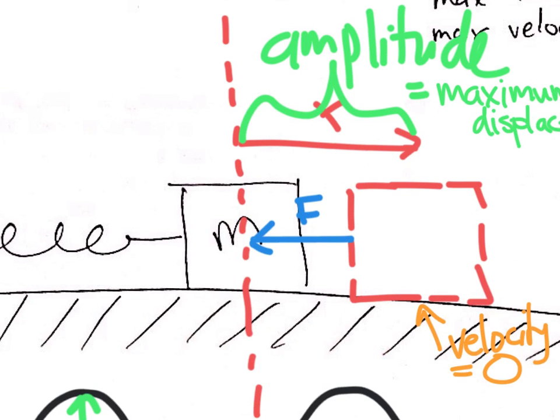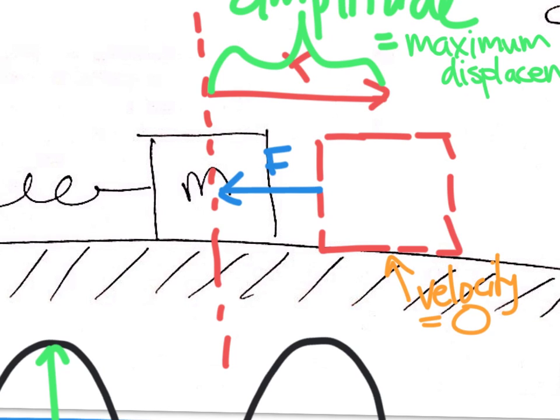We can also say that the acceleration is at a maximum. So when the mass is as far away as it can get from equilibrium, that's when the force is the greatest. And if the force is the greatest, F equals ma, we know that the acceleration would be the greatest.